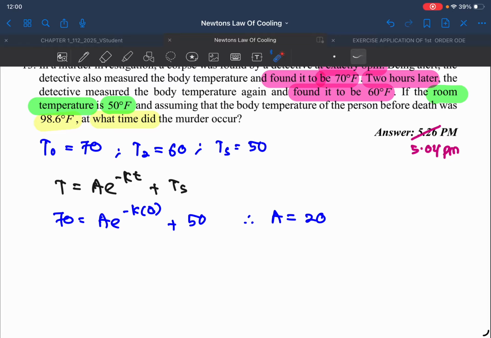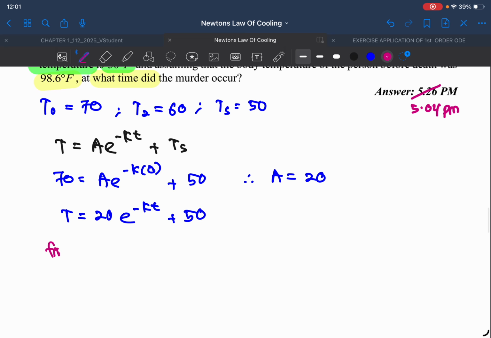Once you get your A, substitute back to the formula: T is equal to 20e^(-kt) plus 50. The next one, we need to find the k.